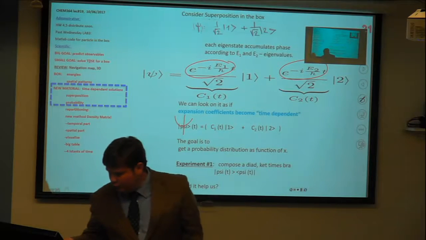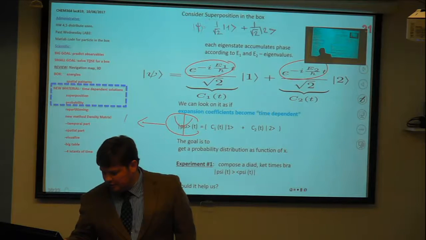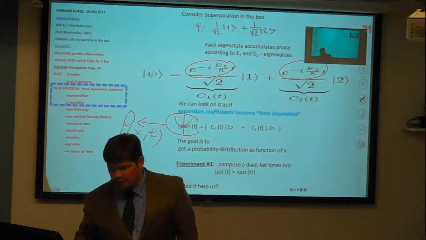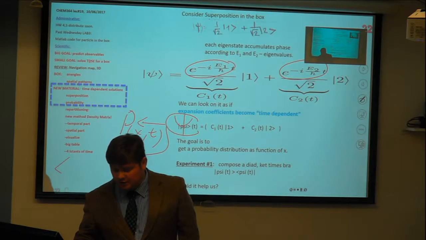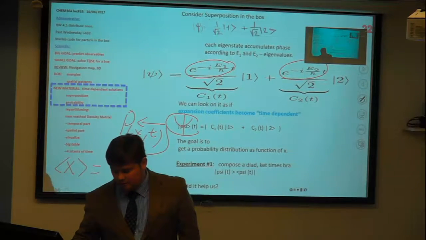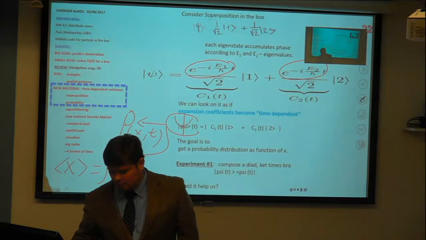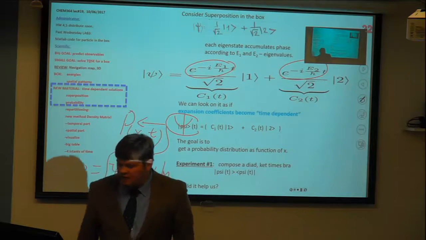So we may want to use this wave function for two purposes. First, find probability distribution as function of position and time. And second, we may find some observable. We select the simplest one, but it could be a different thing.